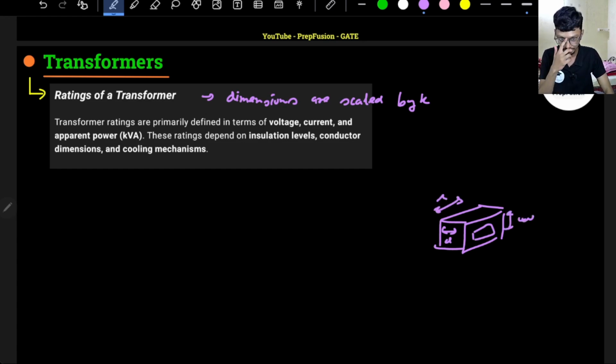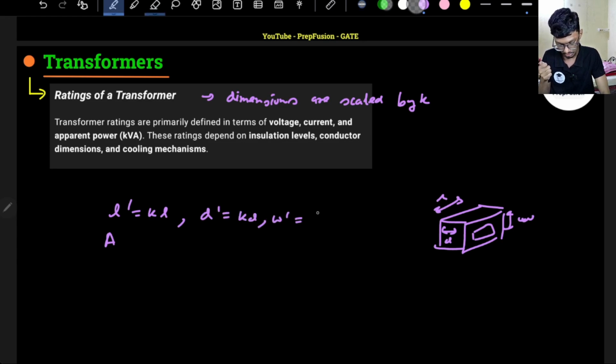If all of them are scaled, my area of the cross section becomes what? If length L is scaled to L' equal to K into L, and your breadth or depth D is scaled to D' equal to K into D, and your width is scaled to K into W.